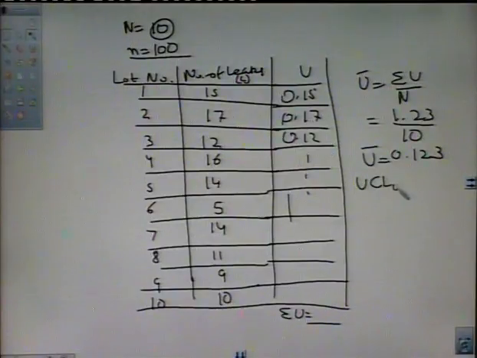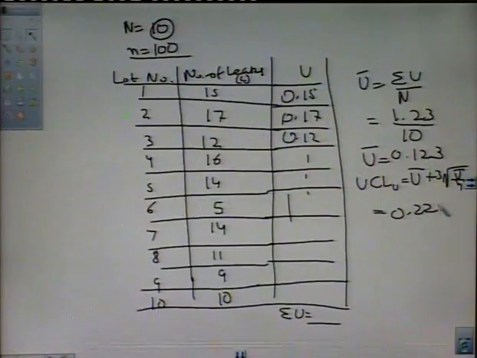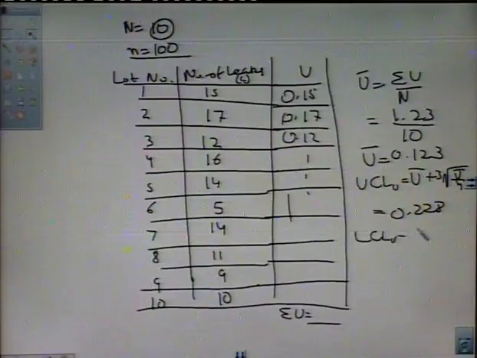Similarly, upper control limit of the U chart will be U bar plus 3 under root U bar by small n. So it will come out to be 0.228. Lower control limit of the U chart will come out to be 0.018.